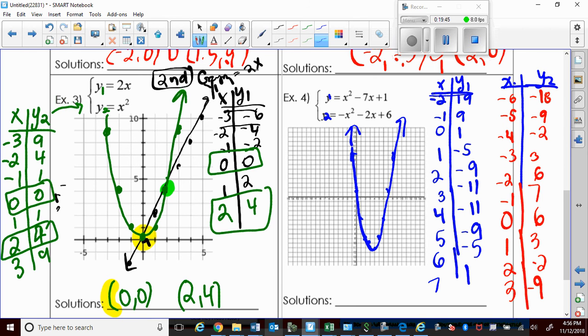My second curve, I have left 5, down 9. Okay. Let's see. 3, down 9.